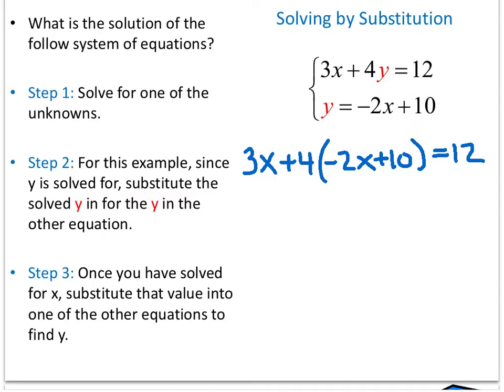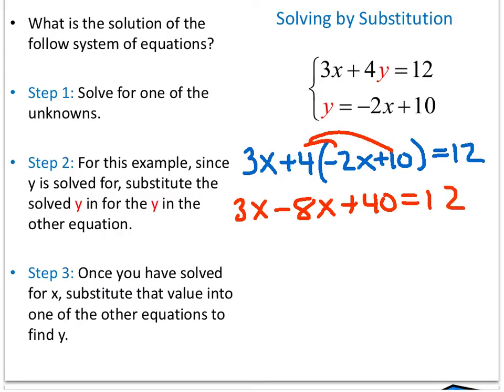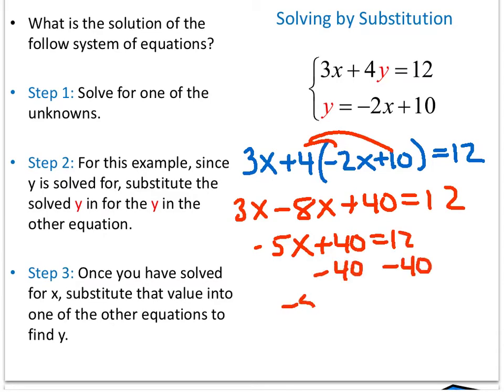All right, now I have to do some distributing. So 3x minus 8x plus 40 equals 12. Combine like terms. Let's move this guy over. Okay, and this is going to give me negative 28.